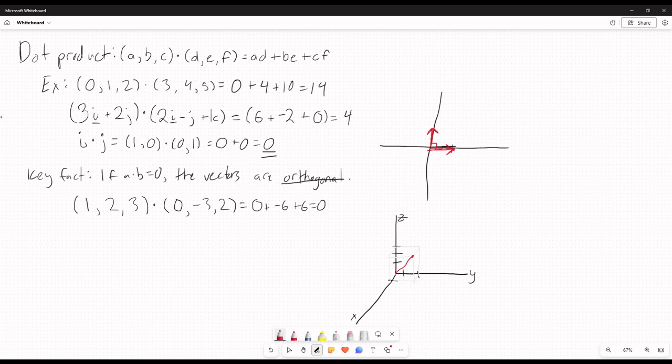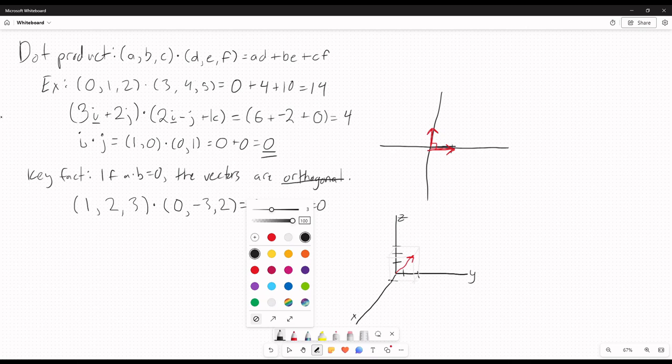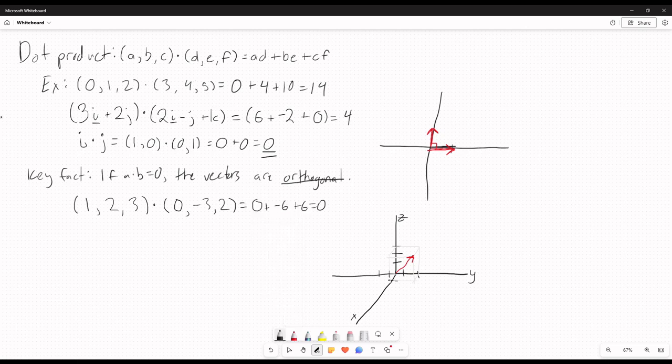So here is our vector 1, 2, 3. And then if we look at the vector 0, -3, 2. So our x-coordinate is 0, and we're going to need to add a negative y-axis here.